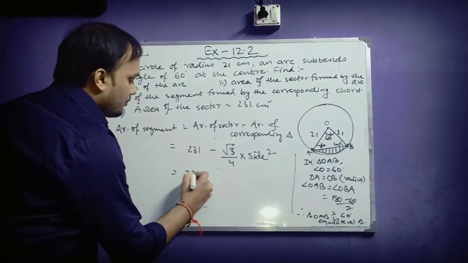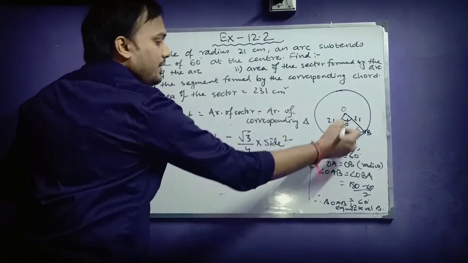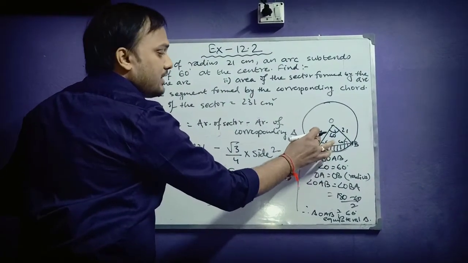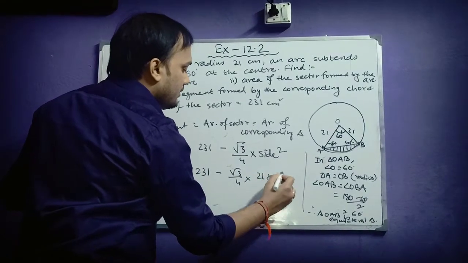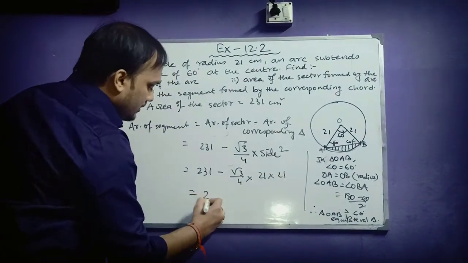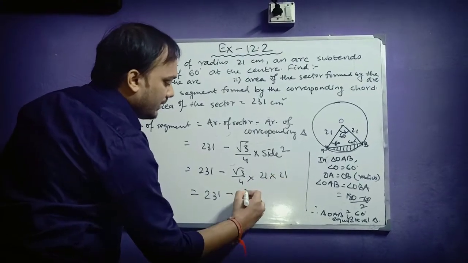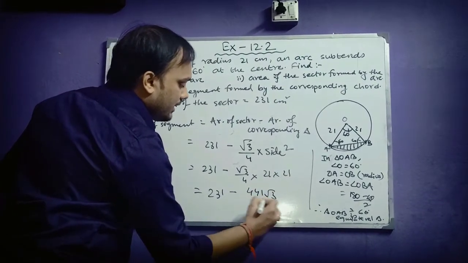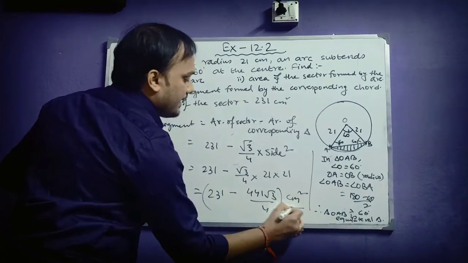That means 231 minus root 3 by 4 and sides are 21 centimeters. Since this is 21, this is 21, AB will also be 21. So 21 into 21, it will be equal to 231 minus 441 root 3 by 4. This will be my final answer.